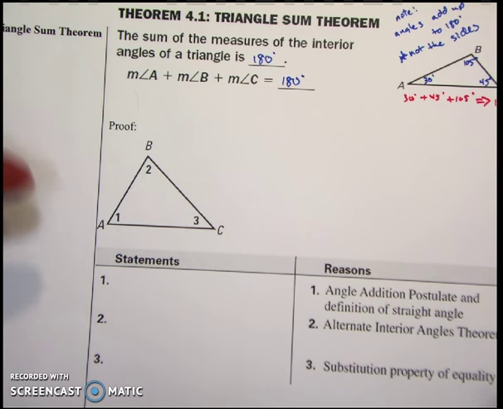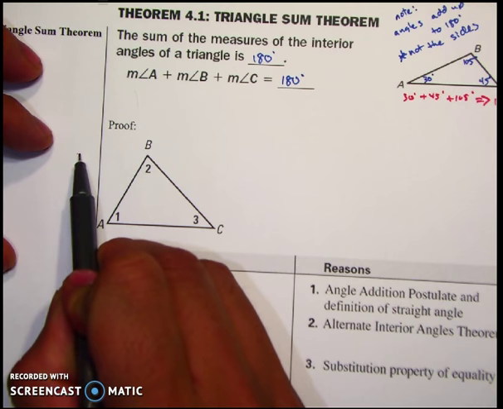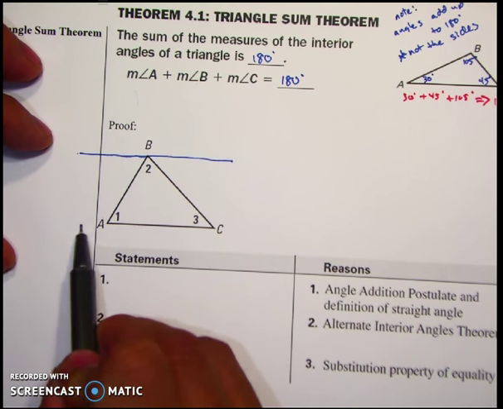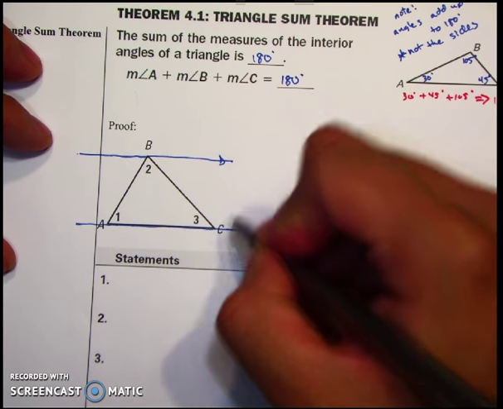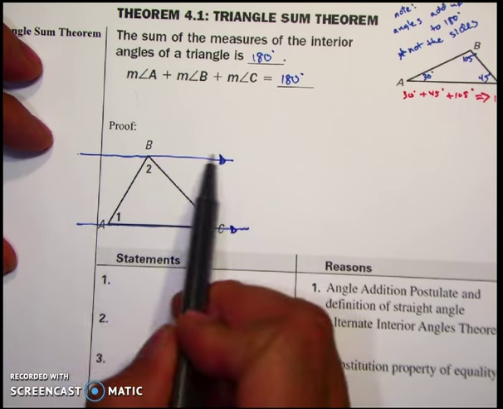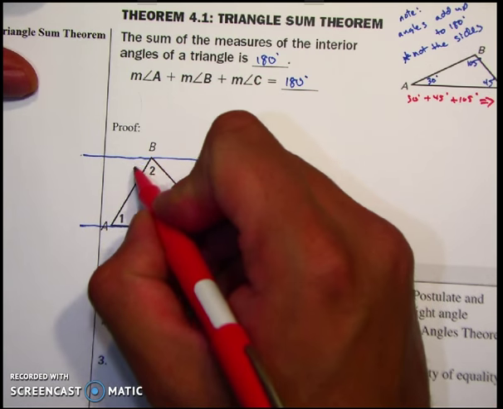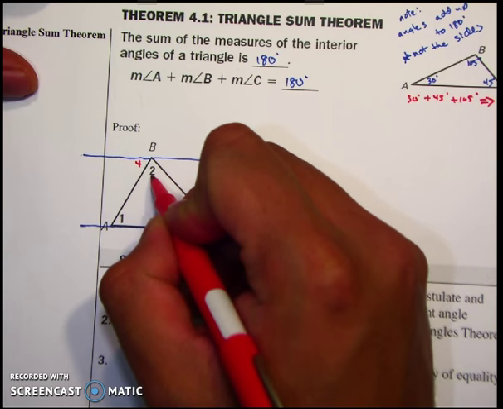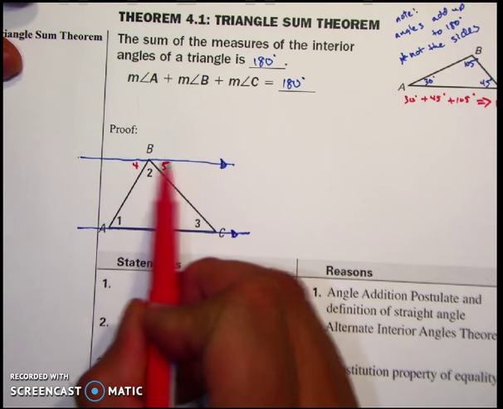First, let's say you have a triangle, and one way to prove it is to draw a line through the top parallel to the bottom. So make these two lines parallel to each other. Let's put an arrow here to indicate that this line and this line are parallel. If you label this angle 4, angle 2 here, and angle 5 here, they are on a straight line.